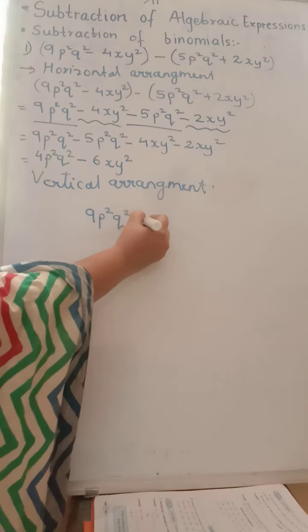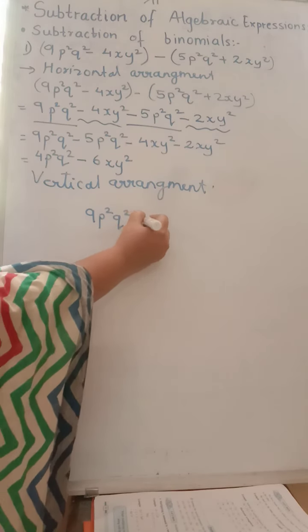Understood? So now we will do this two. What we will have to do? This is plus and this is minus. Now don't look here. Now look at this number sign and this number sign. So this is plus and this is minus. So plus minus minus, 9 minus 5, 4 p square q square.